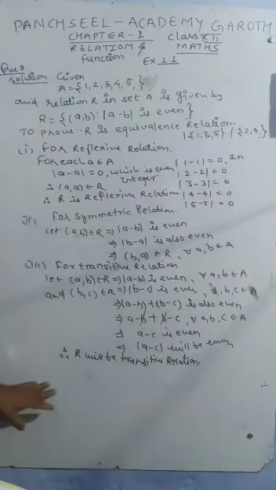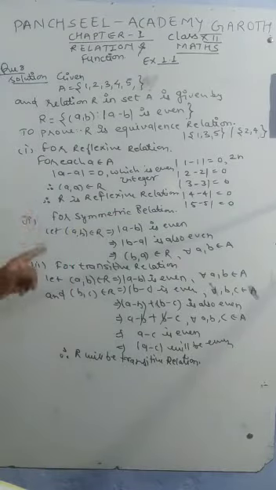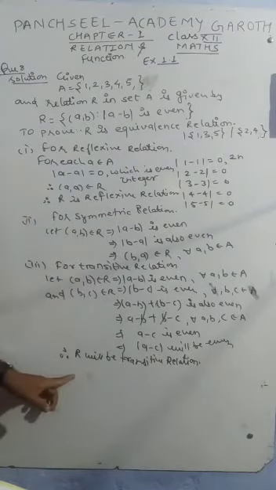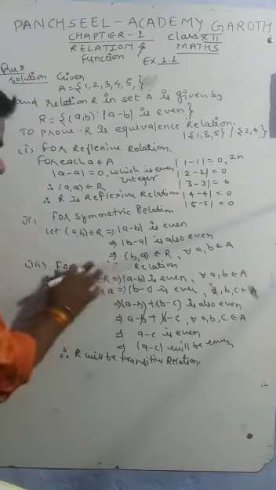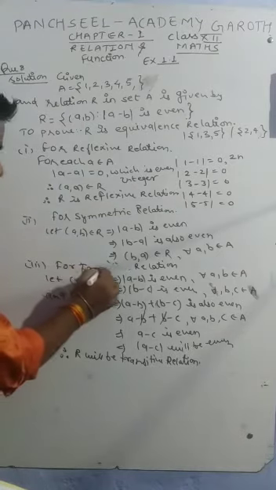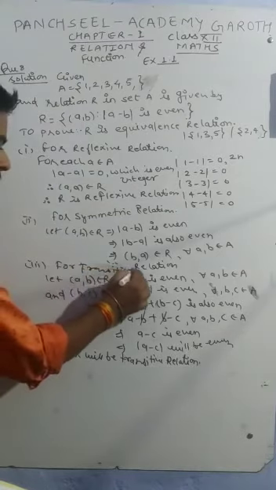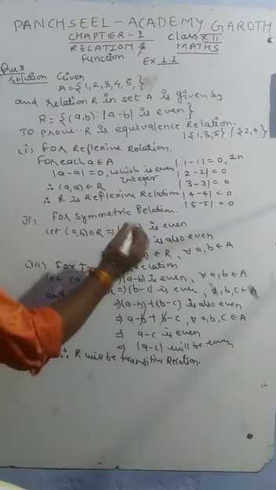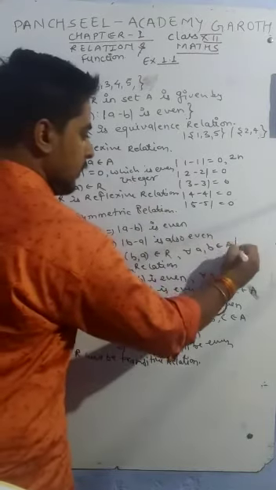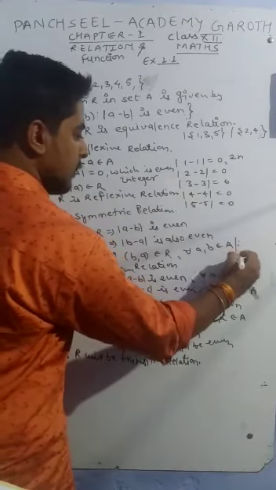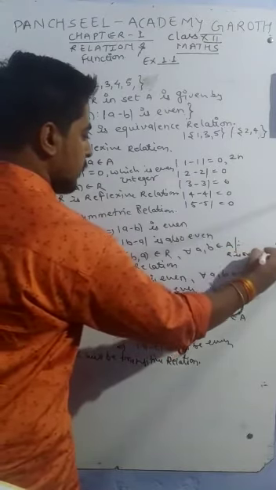Now, here we have first proved that R is reflexive, R is transitive, and R is symmetric. For the transitive relation, here we have to write that it is symmetric. Therefore, R is a symmetric relation.